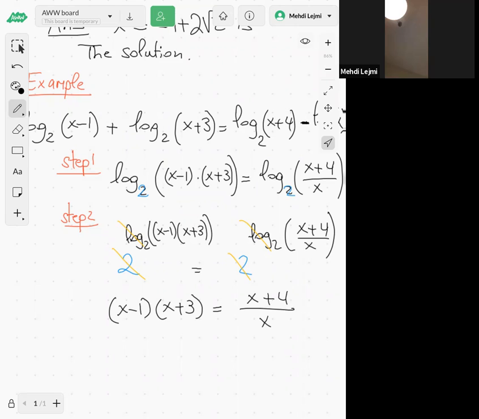Okay, and now you got rid of the log, so you can try to solve this equation. It's going to be just some polynomial equation. So for example, here you can multiply both sides by x, and then multiply this thing here by x and this thing here by x.